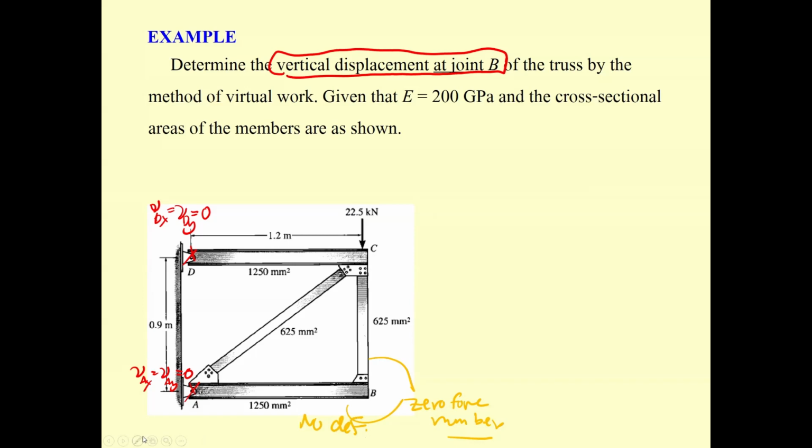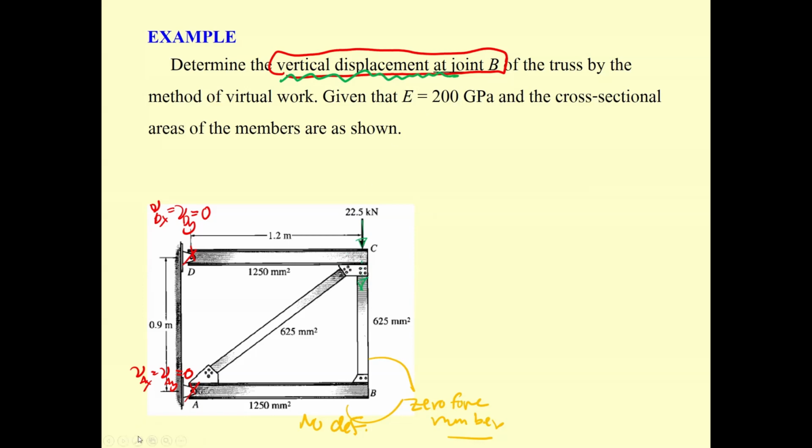Now, you may see the truss loaded by a force like this one. For sure, this one is going to have vertical displacement at point B due to the force.